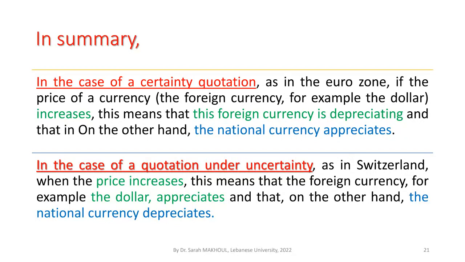And in the case of uncertain quotation, as in Switzerland, when the price increases, this means that the foreign currency, for example the dollar, has appreciated, and on the other hand, the national currency has depreciated against the foreign currency.